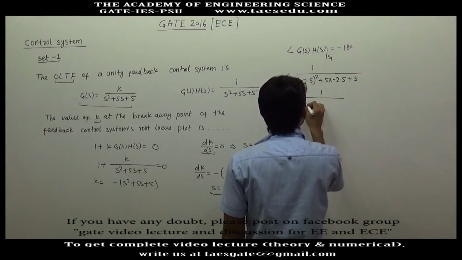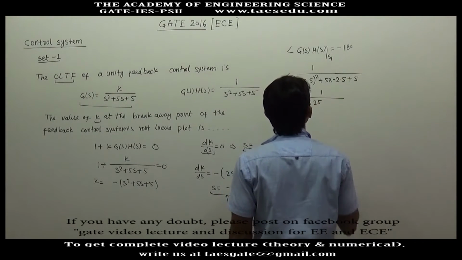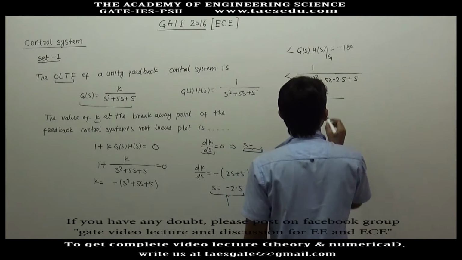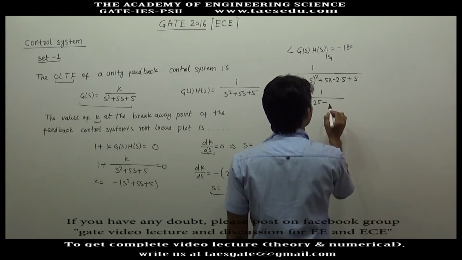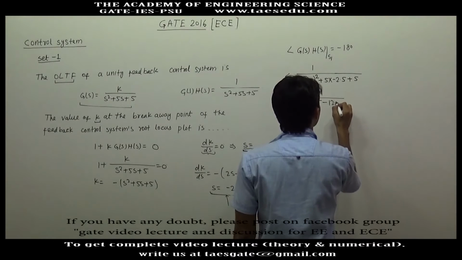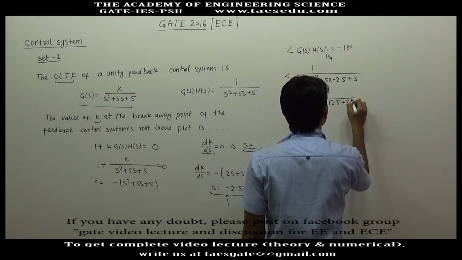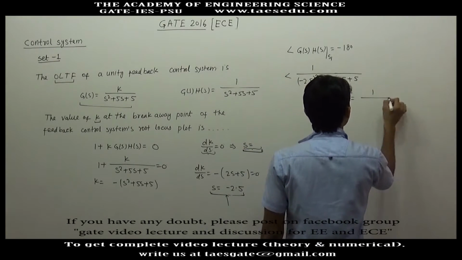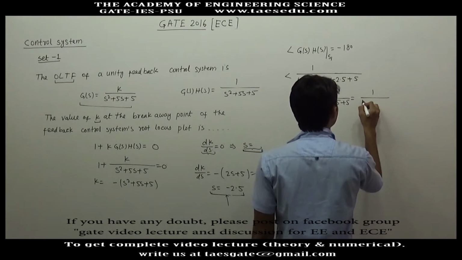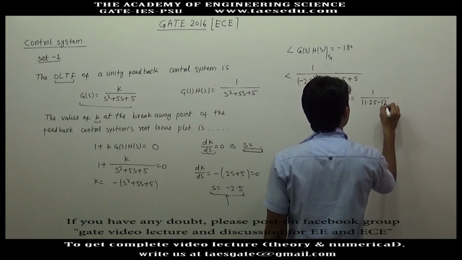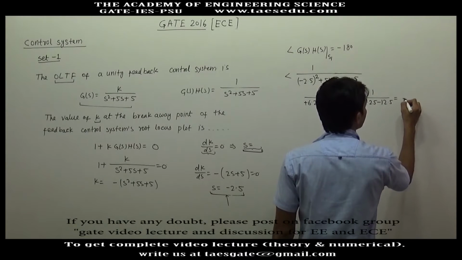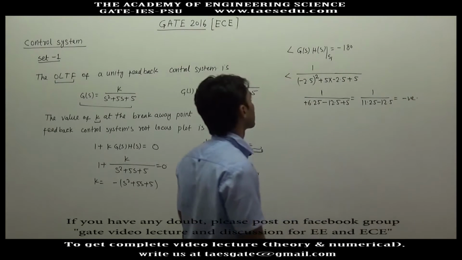This will be plus 6.25 minus 12.5 plus 5. This is 1 upon 11.25 minus 12.5. So here you are going to get a negative quantity.